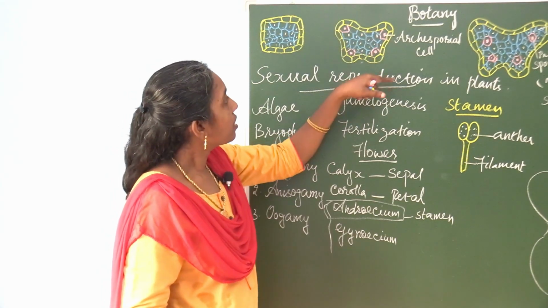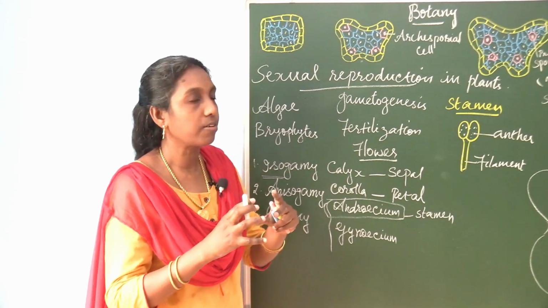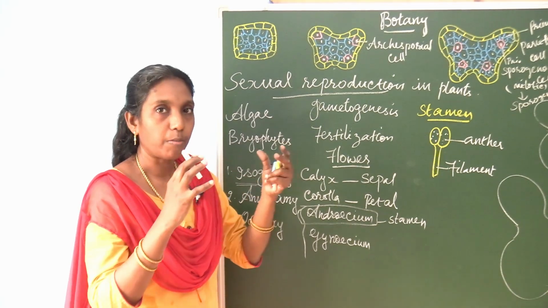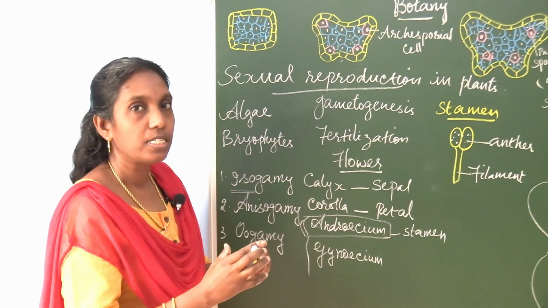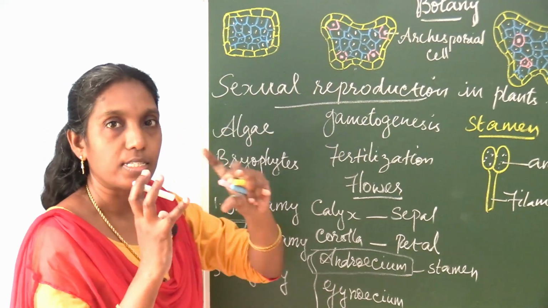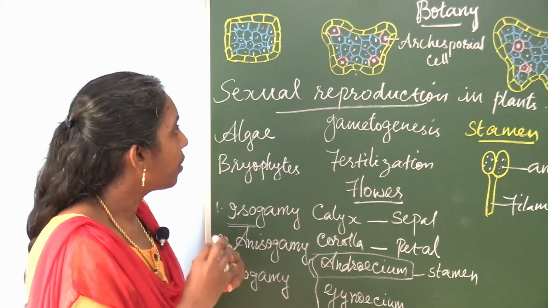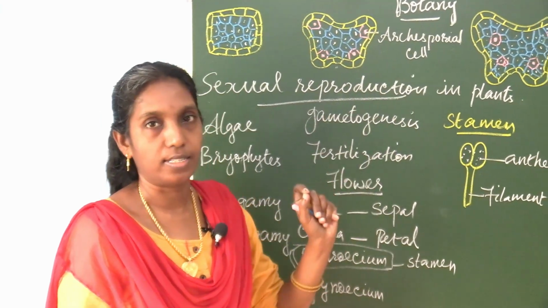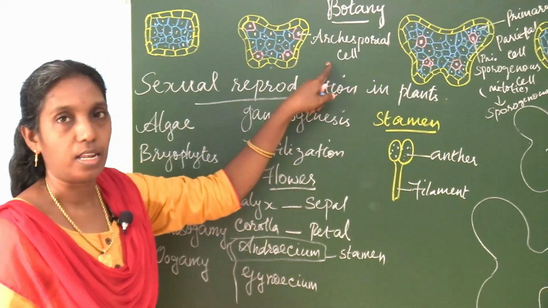These hypodermal cells, a row or a few cells, are enlarged with a conspicuous nucleus, and become an initial called the archesporial cell. So, this cell functions as an archesporial cell.